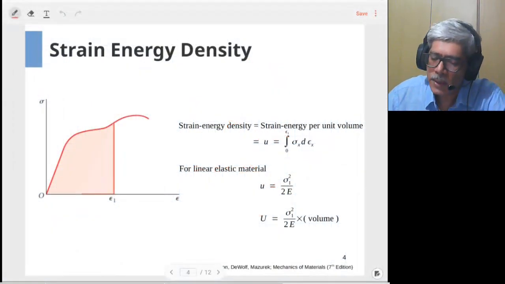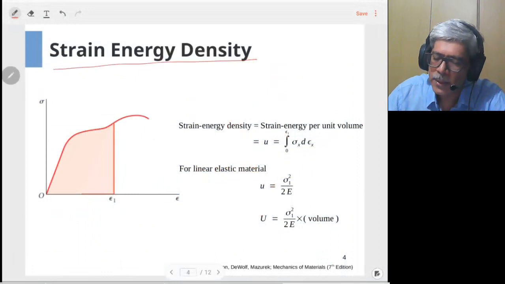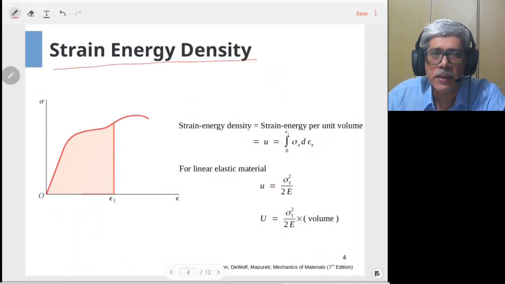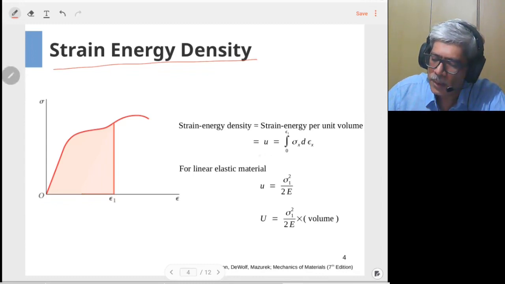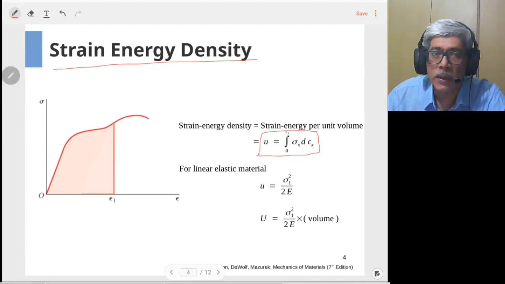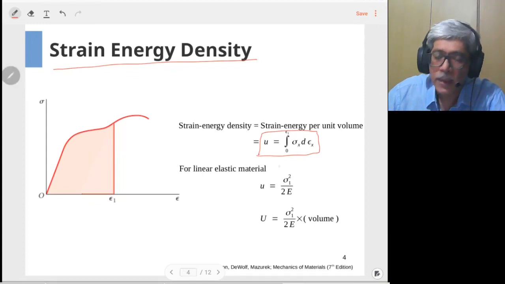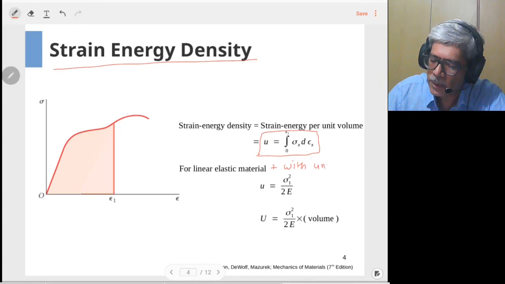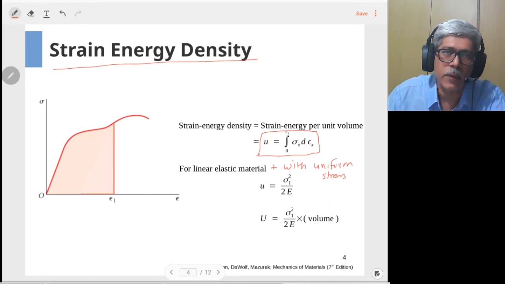So what we have seen is the strain energy density, which is nothing but the strain energy per unit volume, which gives us information about the material behavior. The general expression for that is the area below the stress strain curve, and for a linear elastic material with uniform stress, we have derived the following equation for bodies which are subjected to uniform stress.